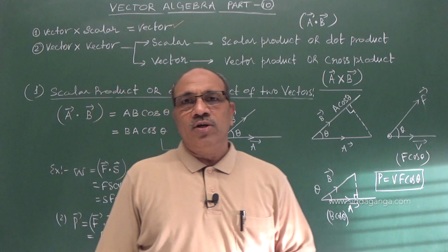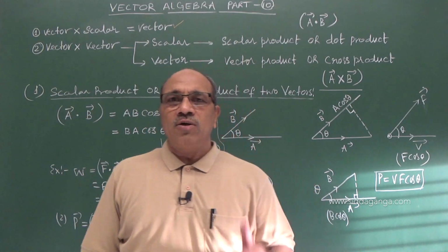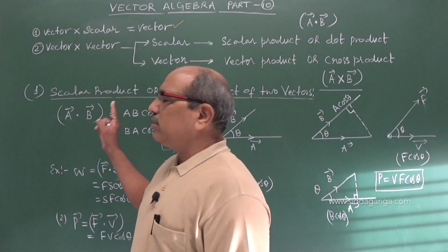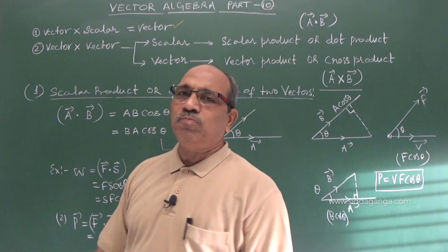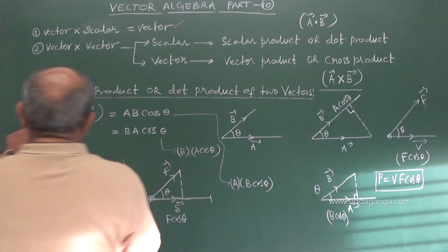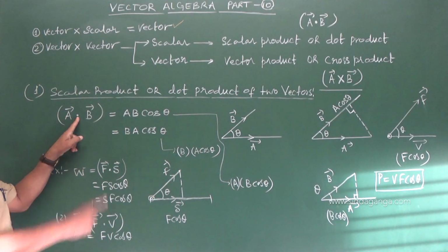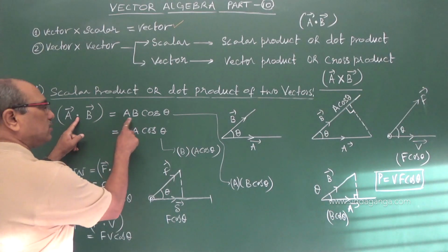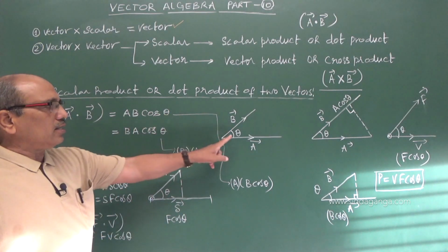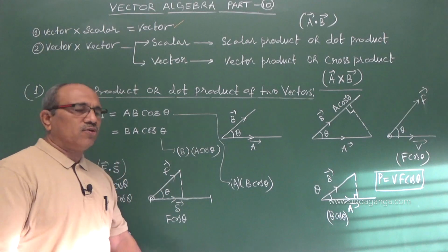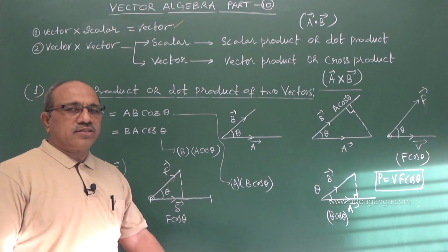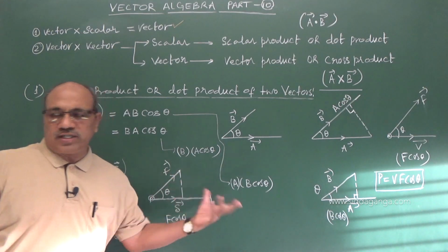The product where the direction is lost and only magnitude remains, we call that product a scalar product or dot product of two vectors, and the dot mentioned is AB cos theta, where A and B are the two vectors and theta is the angle between them. I hope you have followed the statement and example. Let us go to the characteristics of the dot product of vectors.